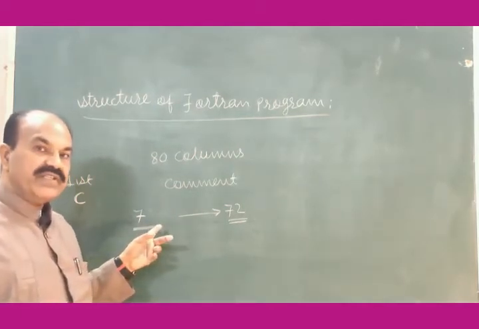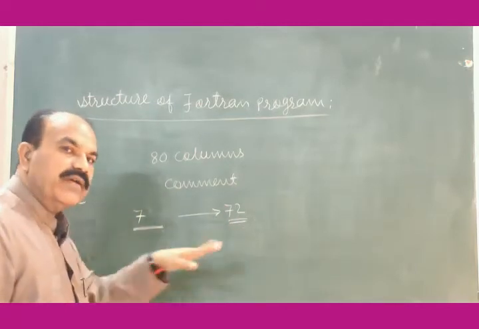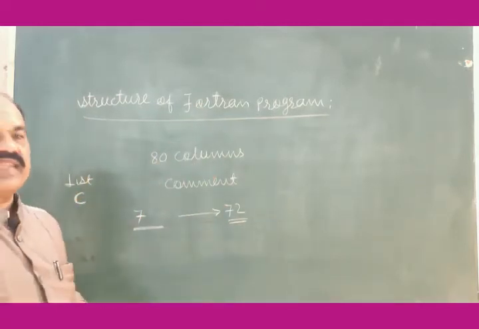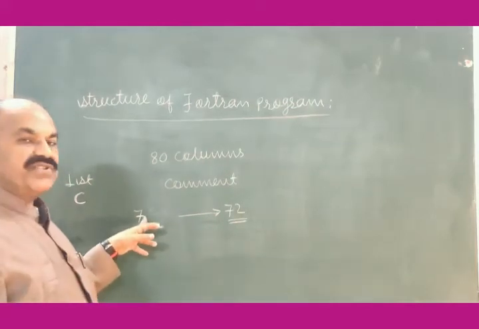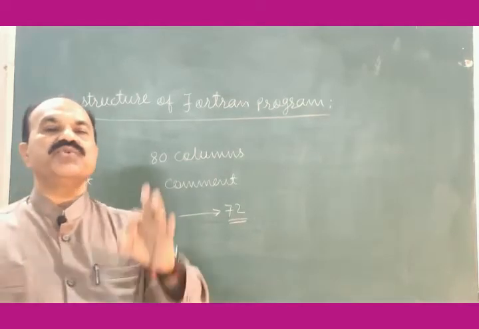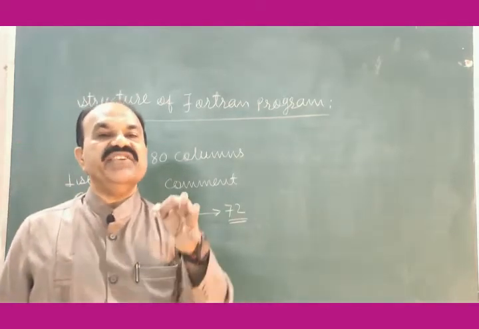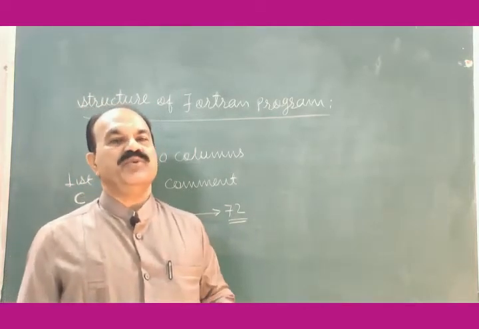In every line of the program, column numbers 7 to 72 are only used to write the instructions or statements of the Fortran program.